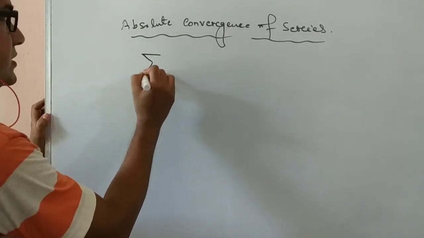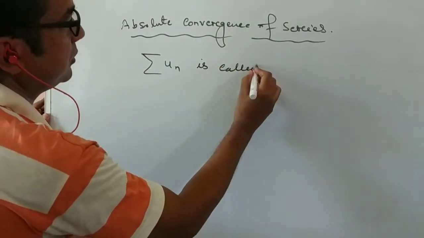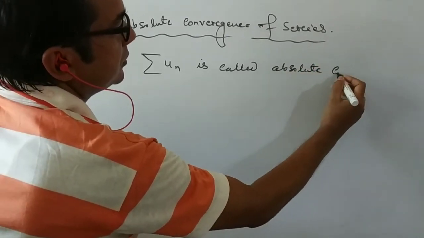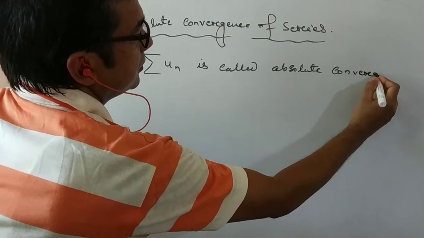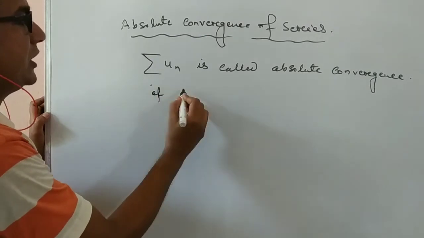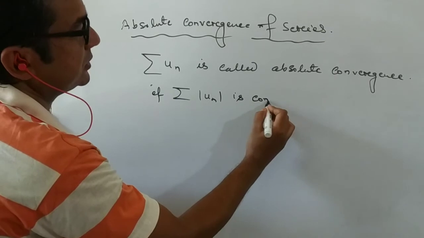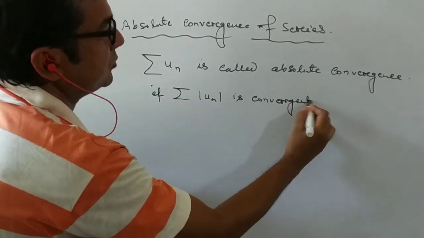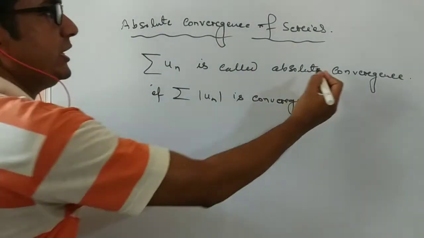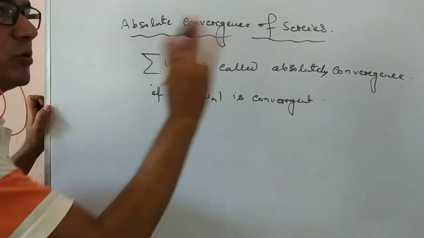An infinite series summation u_n is called absolutely convergent if the series summation mod u_n is convergent.